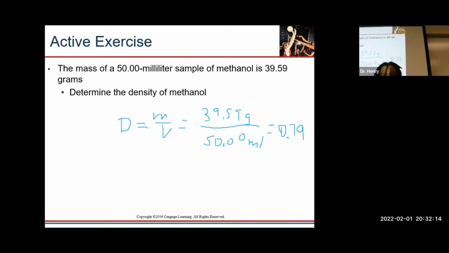How many sig figs should I have? One sig fig, are you sure? 4. Okay. Questions? Concerns?